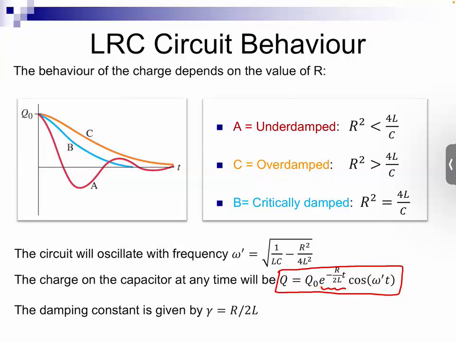And what this equation tells us is that, because the y-axis is charge and the x-axis is time, if you look at your equation here, time is in the exponential term.